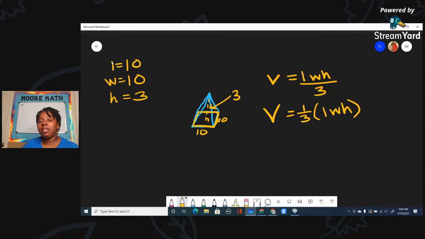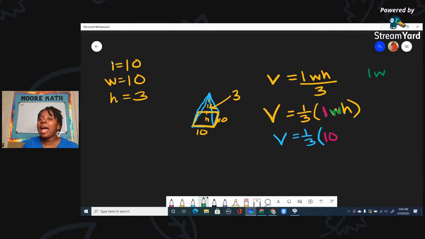Let's plug it in. We have 1/3 times, and I'm going to make these different colors. My length is going to be pink, that's 10. My width is going to be green, that's 10. And then our height, let's do purple, is 3.